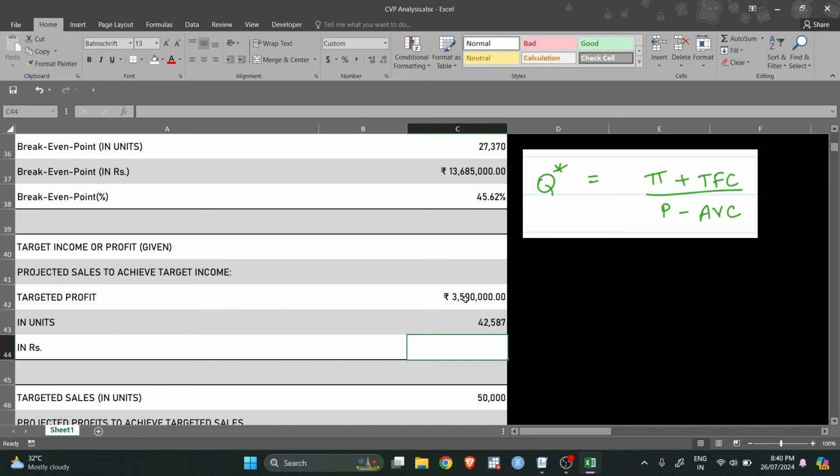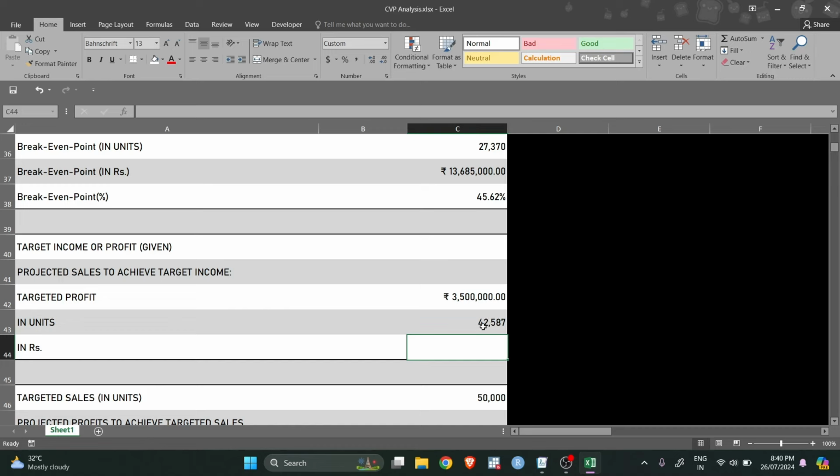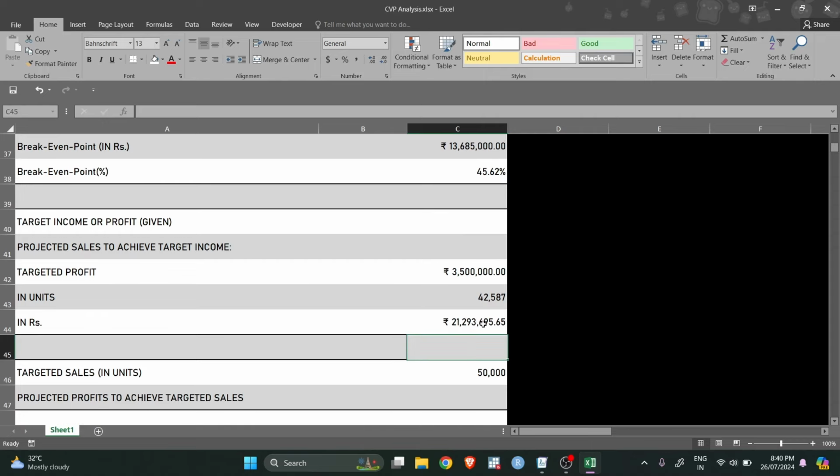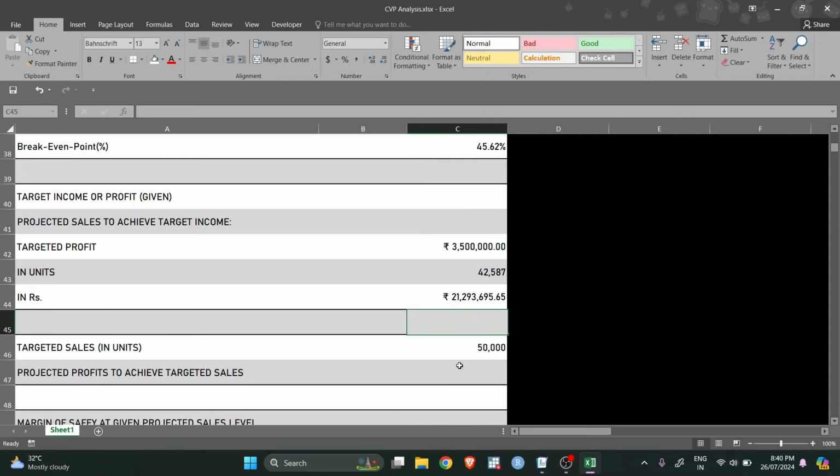Hit enter. So this much quantity I need to produce to get this level of profit. Now how much revenue do I need to generate? This is simple, selling price into this much quantity. So this much revenue I need to generate.